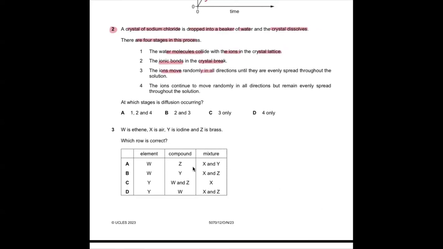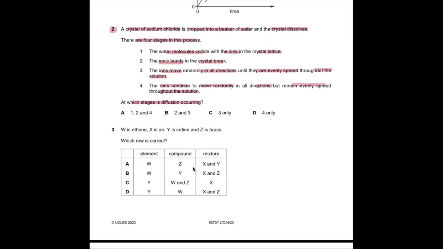The ions move randomly in all directions until they are evenly spread throughout the solution. The ions continue to move randomly in all directions but remain evenly spread throughout the solution. At which stage is diffusion occurring?